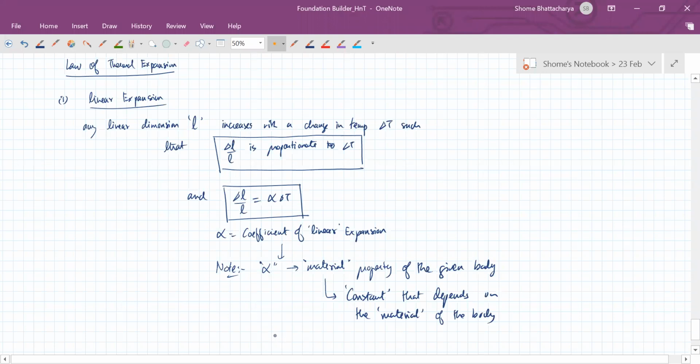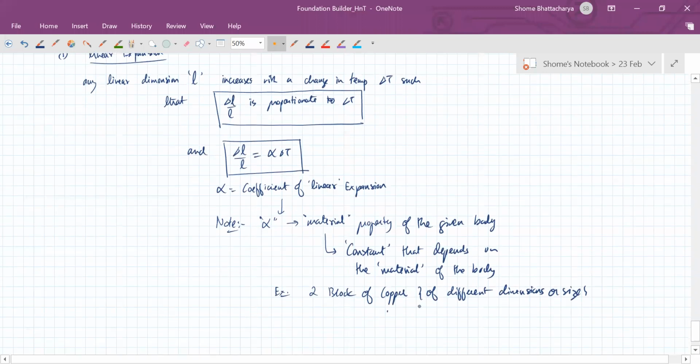So for example, two blocks of copper, of different dimensions or size, will have the same value of alpha, because they are both made of the same material, copper.